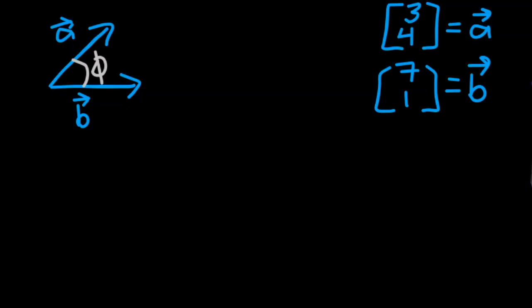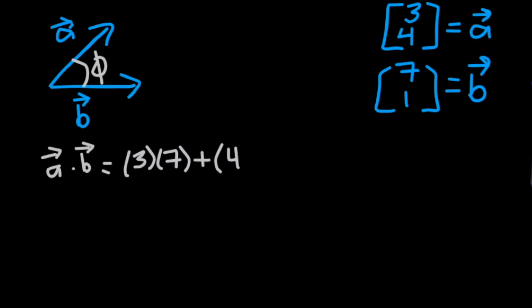So now what we can do is multiply vector A by vector B. And how we have to do this is we have to multiply both x components and both y components together, and then you add the two. So this would equal 3 times 7 added to 4 times 1. And then this gets us 25.